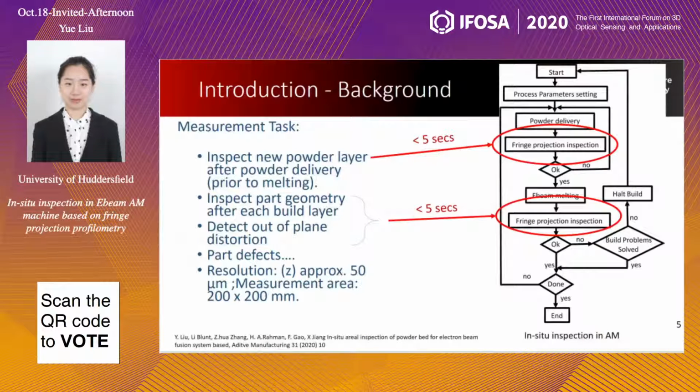The measurement task is to build a new system to inspect the new powder delivery, pre-melting, and inspect each layer after build, post-melting, to detect in- and out-of-plane distortion, hopefully to detect part defects and to know the quality.